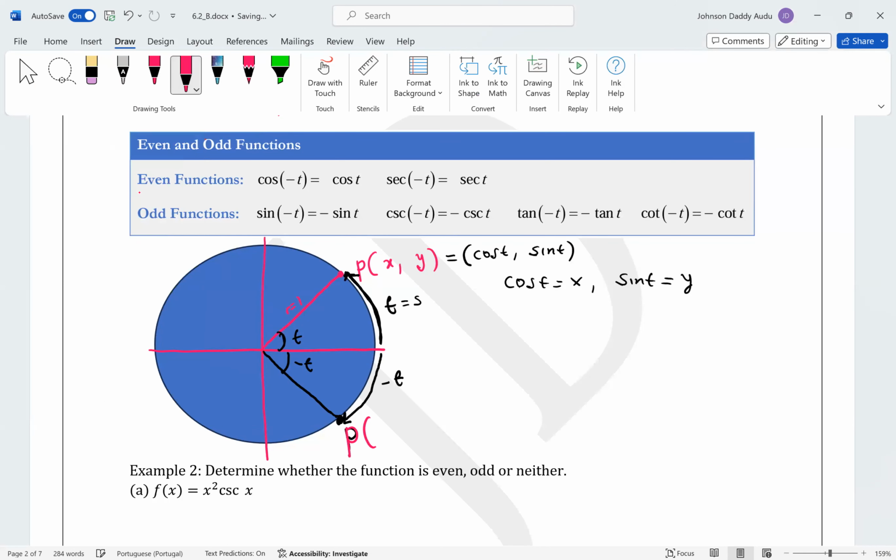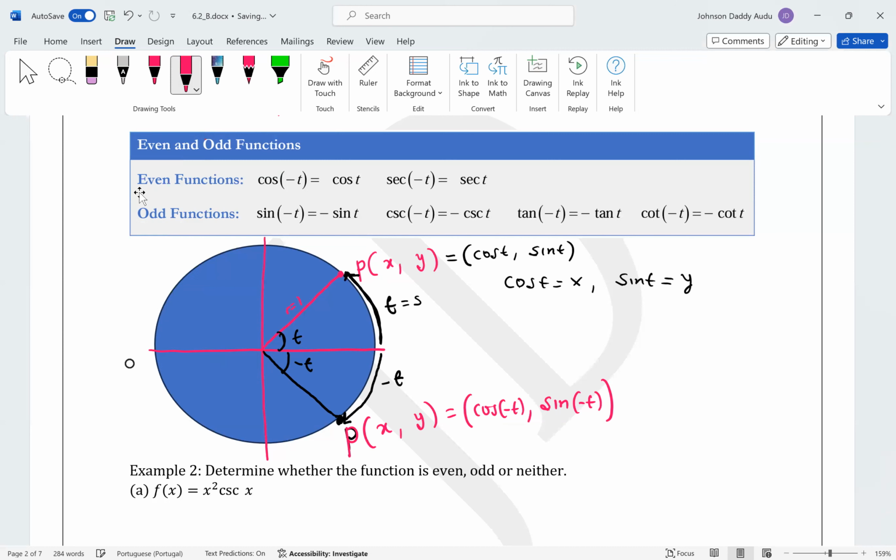It's still going to be (x, y), but now it's going to be cosine of minus t and sine of minus t.